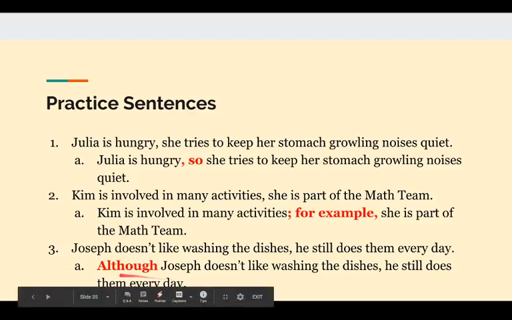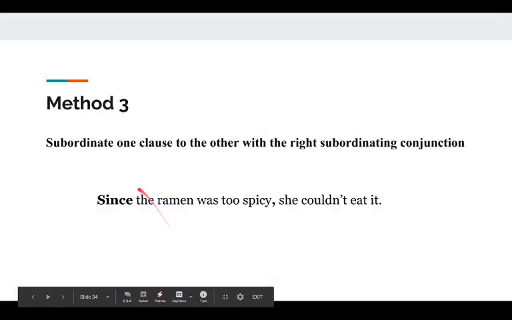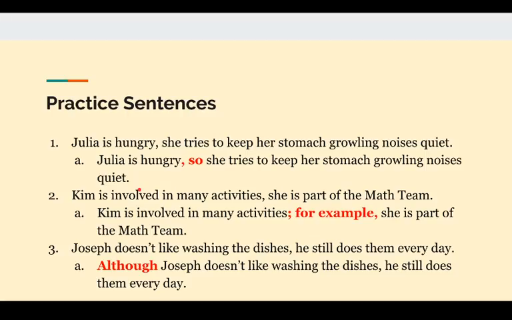So I'm making it: although Joseph doesn't like washing the dishes, he does them every day. "Although Joseph doesn't like washing the dishes" cannot stand by itself anymore, and it depends on the other clause. The punctuation didn't change, it was just changing what the clauses were with a subordinating conjunction.